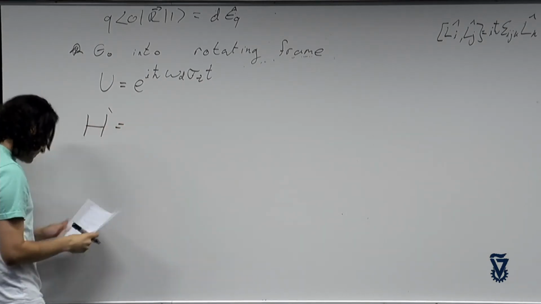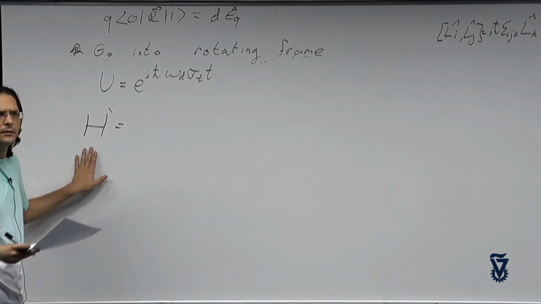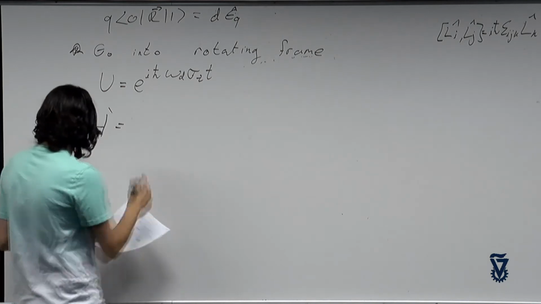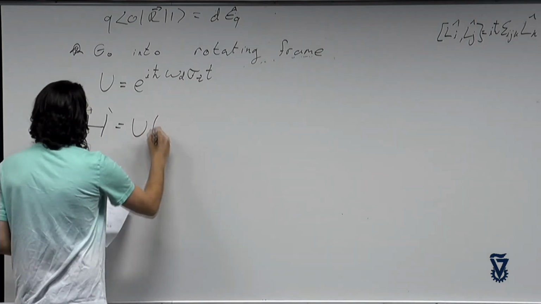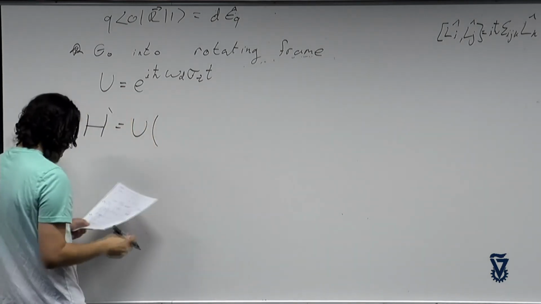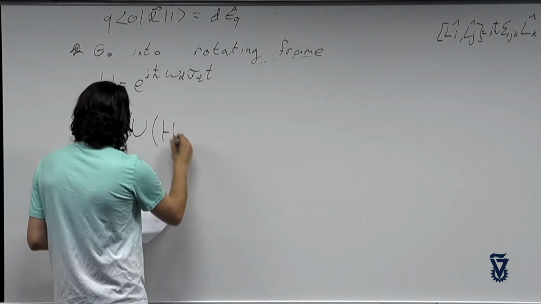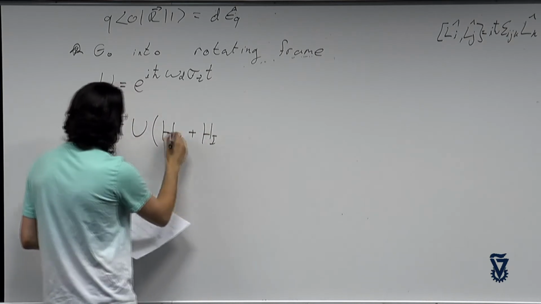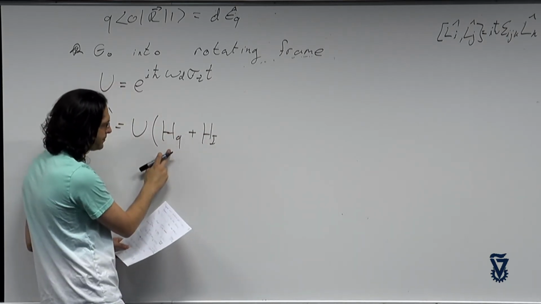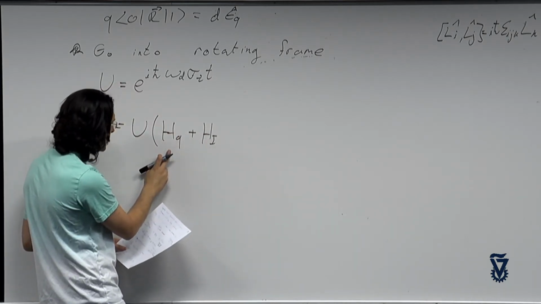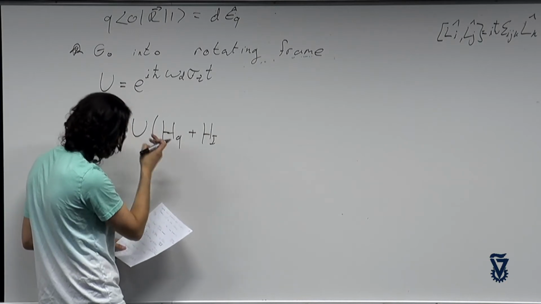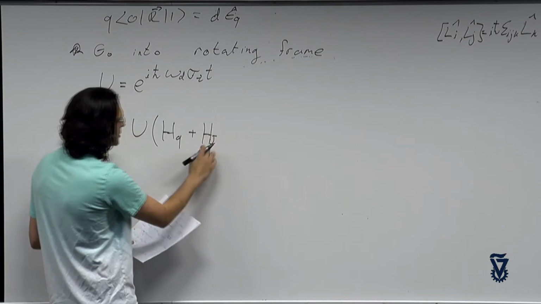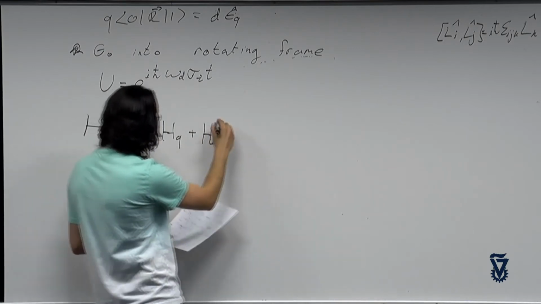So H prime, this is our Hamiltonian in this rotating frame. And we're just going to apply U onto H_Q plus H_I. So this is our Hamiltonian for the dipole moment, the electric dipole, plus the interaction with the electric field.